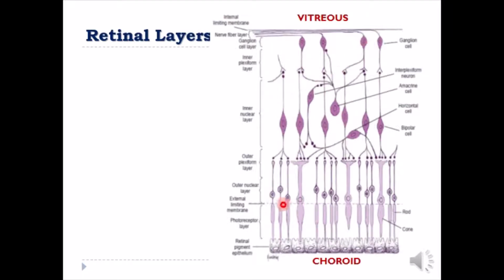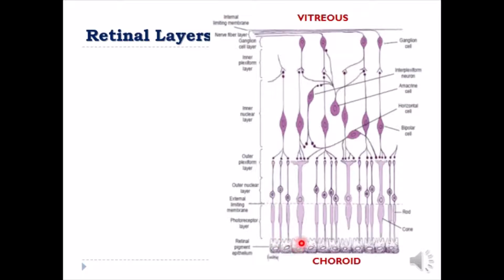Now we'll come to the different layers. Remember that all these layers are part of these three sets of cells. Now, retinal pigment epithelium, or RPE, we'll talk about in detail in the next slide.